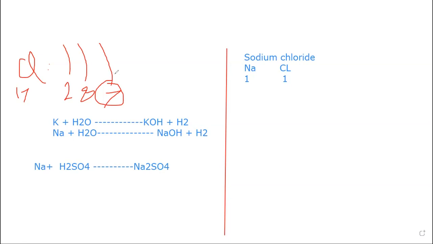Okay. Return to this example. When you write the electronic configuration for chlorine, you will write 2, 8, 7.